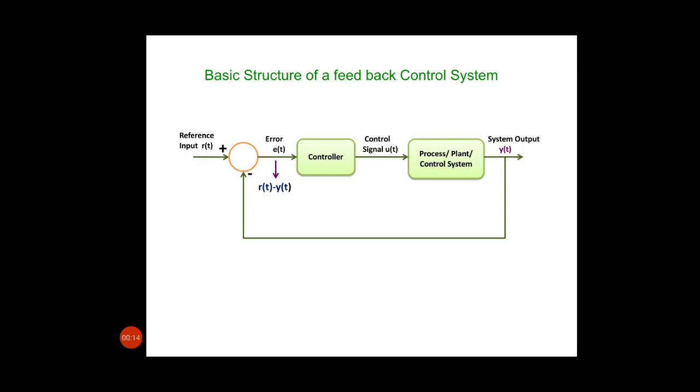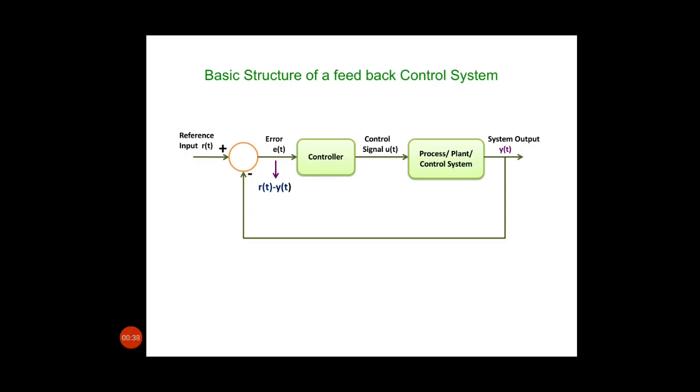If we want to regulate the value of system output, here the system output is y of t, around a desired point or a desired region, what we do is that we give what is called a reference input, which is denoted by r of t.